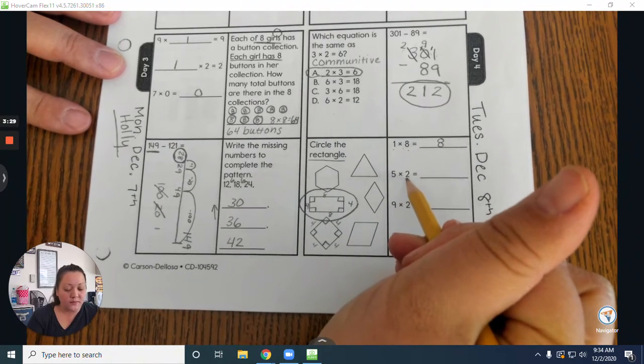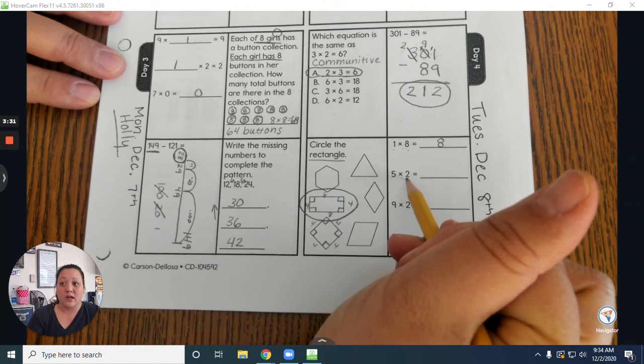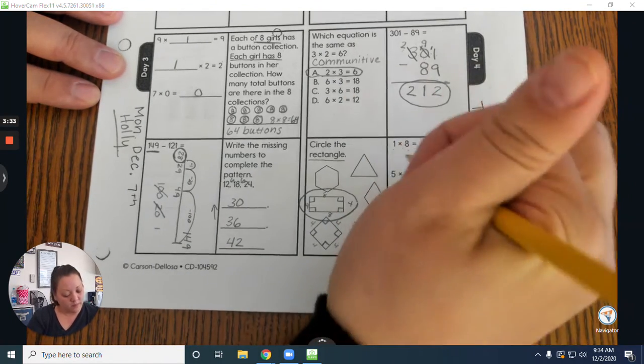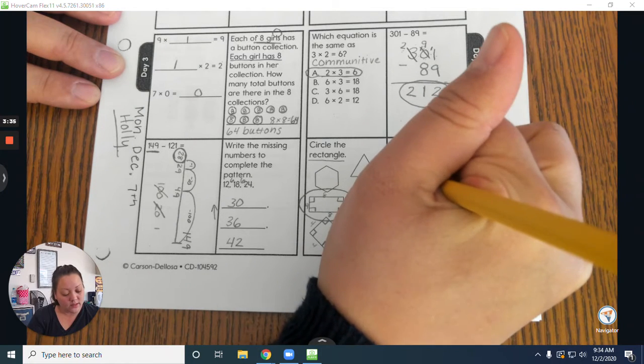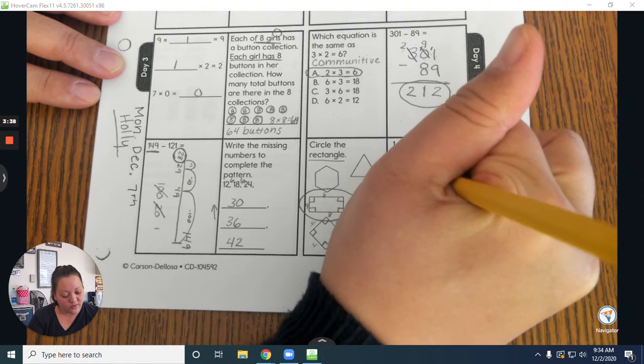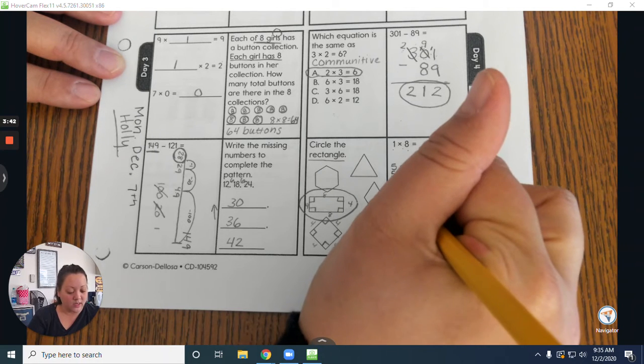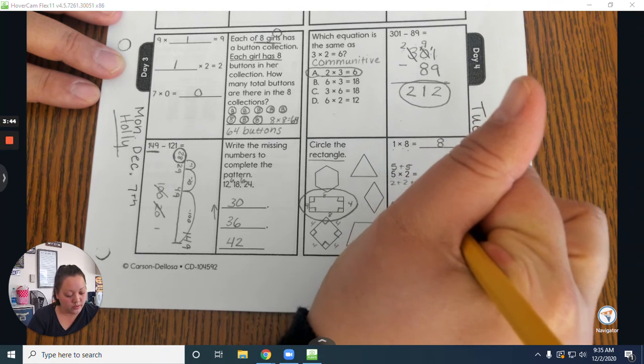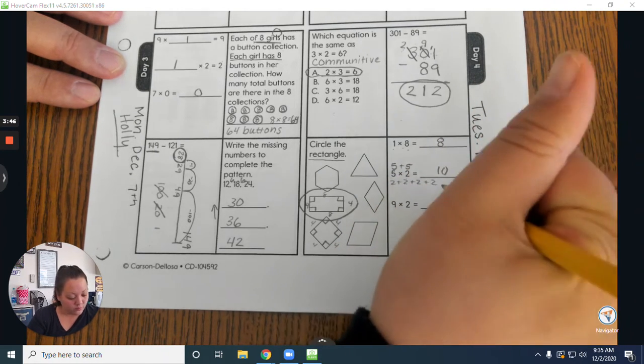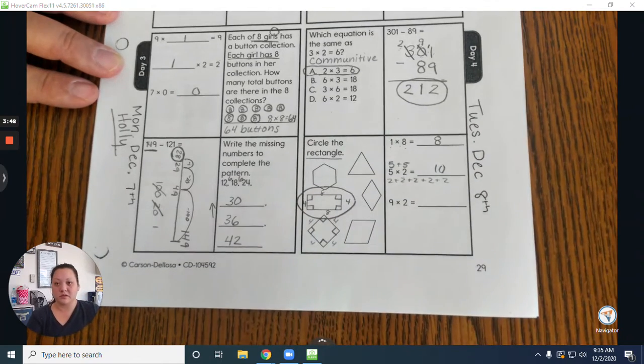If we have one group of 8, we have 8. If we have 5 groups of 2, but I know the commutative property, so I could say 2 groups of 5, which would be 5 plus 5 is equal to 10, or we could say 2 plus 2 plus 2 plus 2 plus 2 also equals 10.